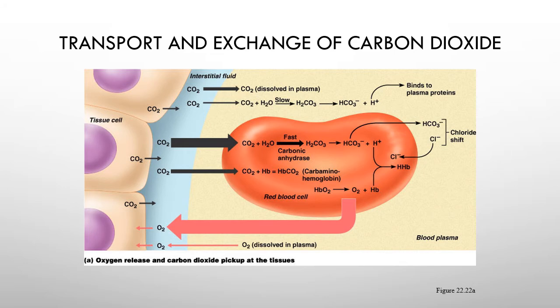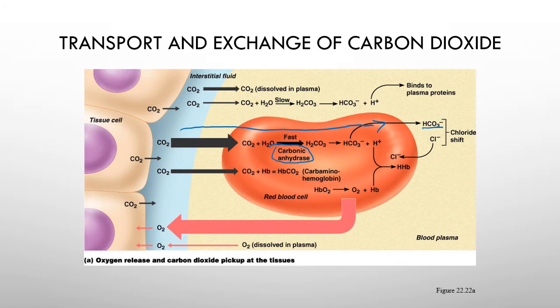So this process that we just described is this one here, going in this direction, and that's going to lead us to move in the direction of taking carbon dioxide out of the tissues, out of the plasma, and take it through the red blood cell. We have carbonic anhydrase inside that red blood cell that converts us into our carbonic acid. We dissociate one of the hydrogen ions off, and that bicarbonate ends up out here in the plasma.